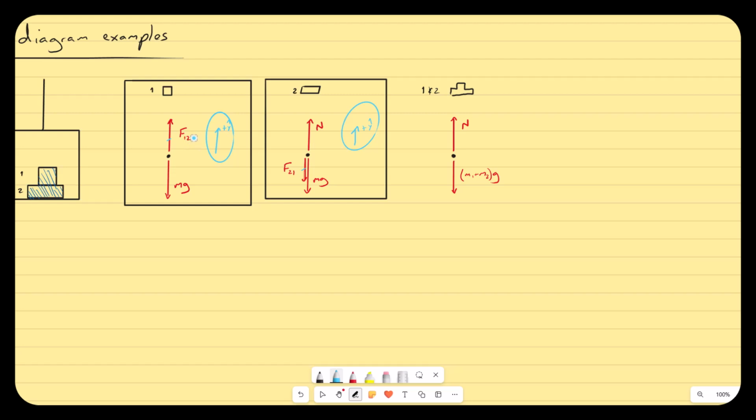But if I've got both pictures that I'm combining together, I would have those two canceling out. So then I end up with a free body diagram that looks like this, where again, I'm going to call upward my positive y direction.